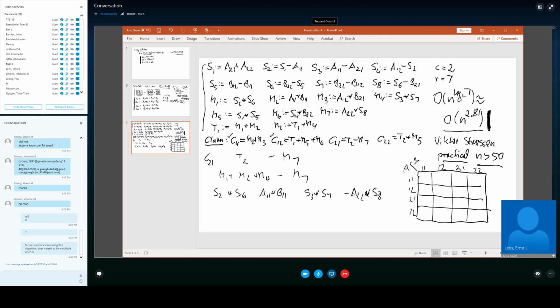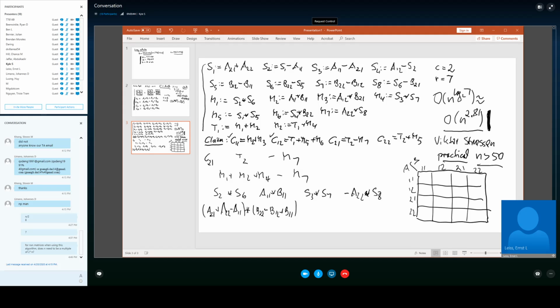Okay, so S2 is S1 minus A11. So S2 is A21 plus A22 minus A11. So that's S2 times S6, which is B22 minus S5, which is B12 plus B11. So this is that.